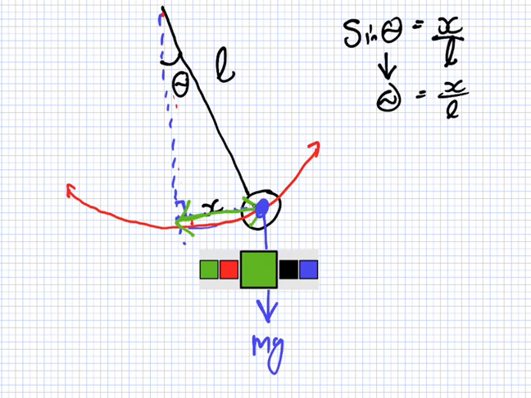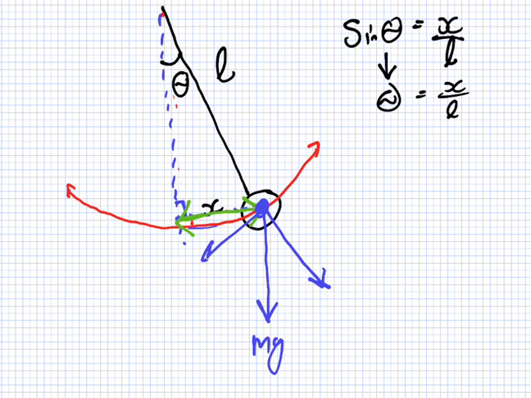So what you can do is you can put this part here, and then this part here, and if this is theta, then this angle here is theta. So this is mg cos, and this here is mg sine.